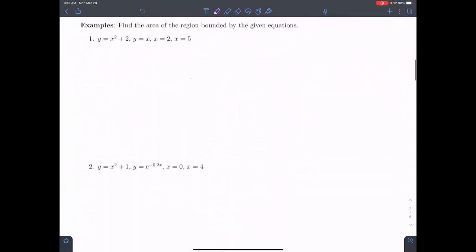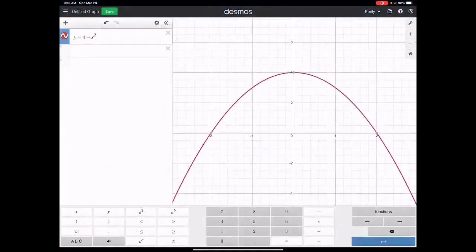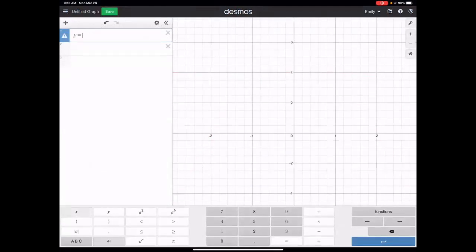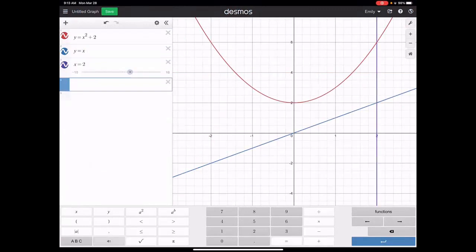So we have on this one, let's see, x squared plus 2 and y equals x, from x equals 2 to x equals 5.